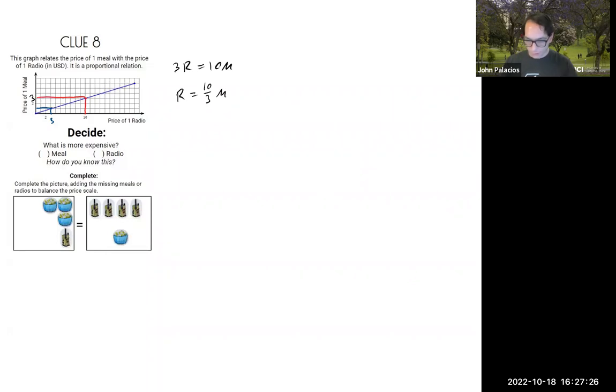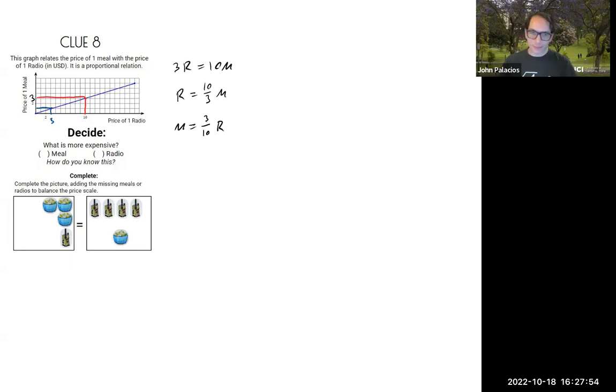And you can see this as rise over run, where you take the reciprocal of the graph that I was talking about earlier. So we have this. This means that we have m is equal to 3/10 r.